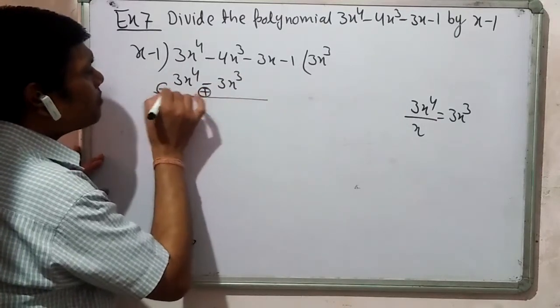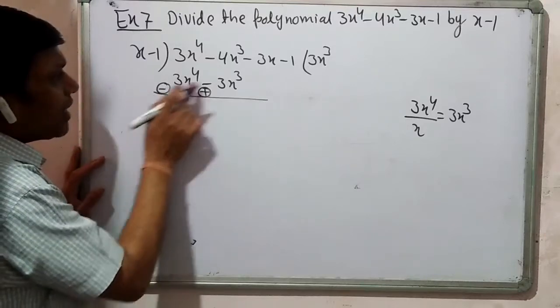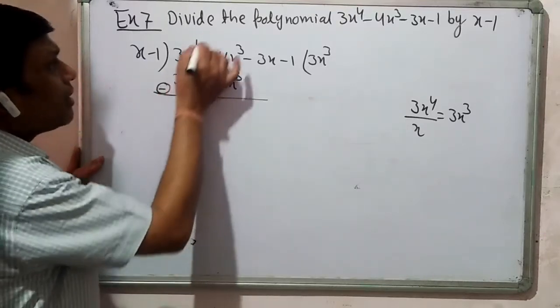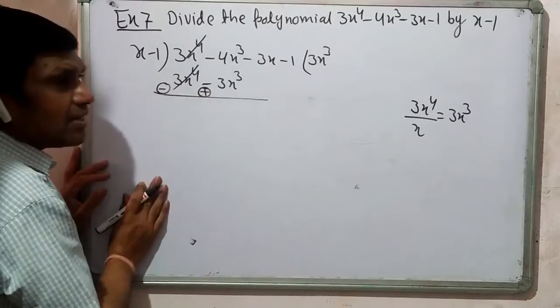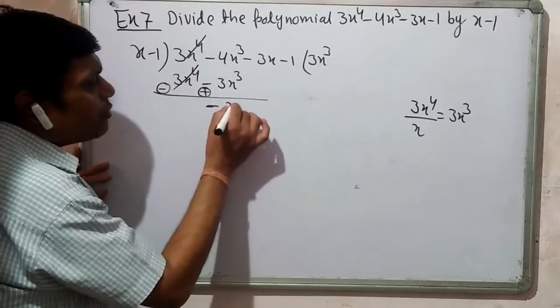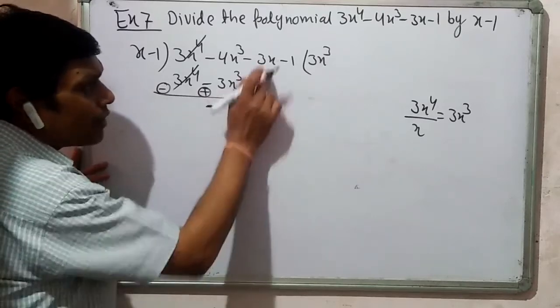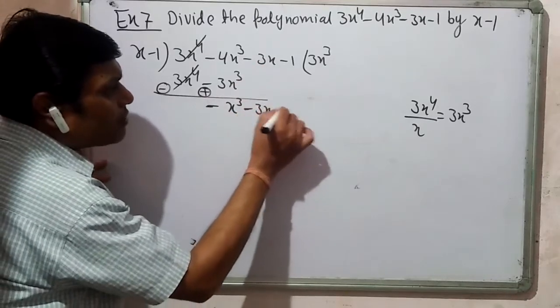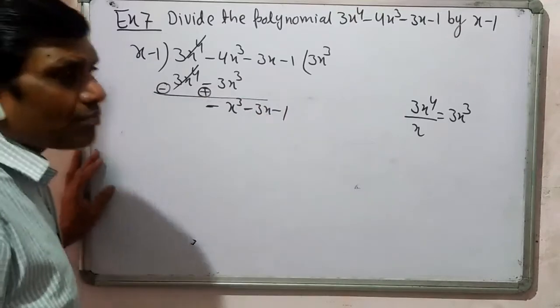Change the signs. Positive becomes negative, negative becomes positive. Positive, negative gets cancelled out. Minus 4 plus 3 is minus 1x cube. Copy down the terms, minus 3x minus 1.